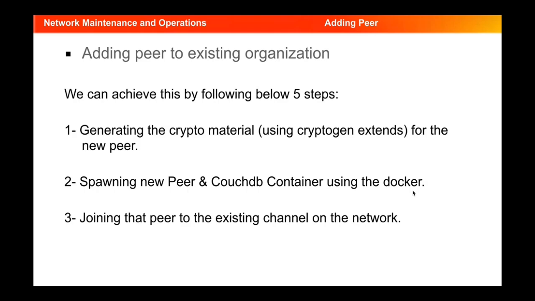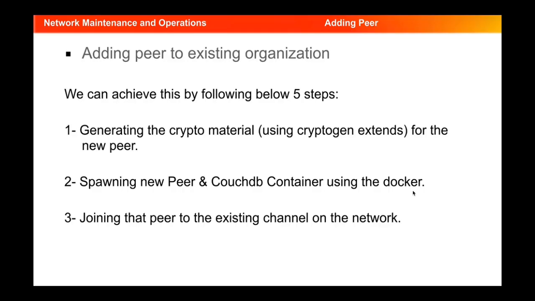Next, we will be joining the peer to existing channel on the network. So once we spin up the network, for example, in the previous section, we have discussed that when we spin up the network, you have the containers already running for particular organization peers.